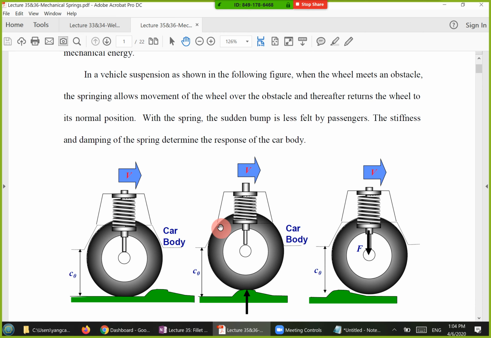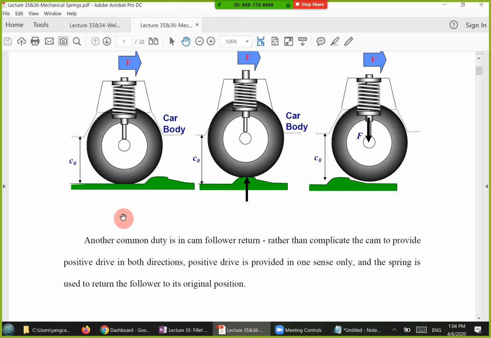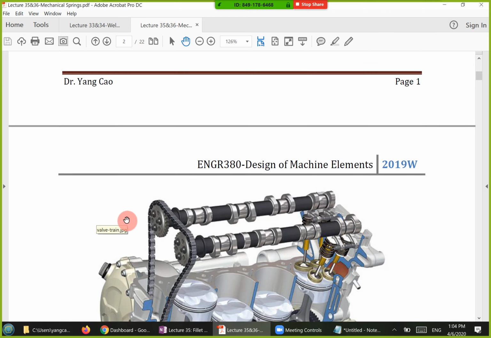So the passenger in the car will not feel the shock if you have a good suspension system. And the suspension spring, as you use your car year after year, as most of you observe, gets softer, right? That's basically the time you would start to think about changing the suspension system, maybe just changing the spring. And there are also many other applications.